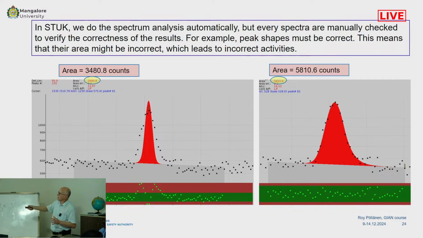For example, in this case, it might happen that the peak shape is incorrect for some reason. The peak area is 3,500. We can do manual analysis, and the correct value is almost 6,000 counts in this peak.